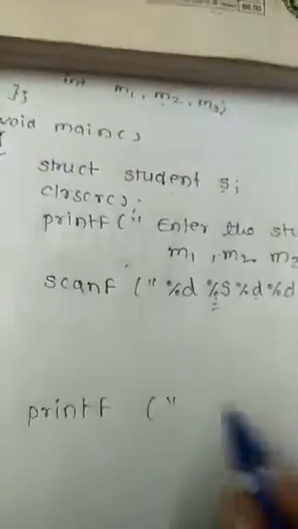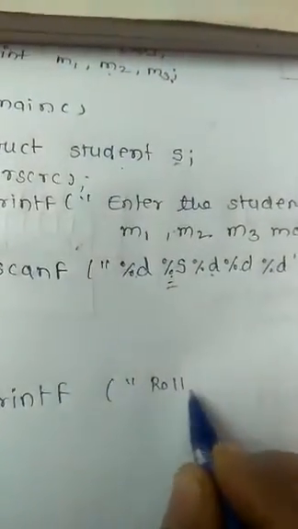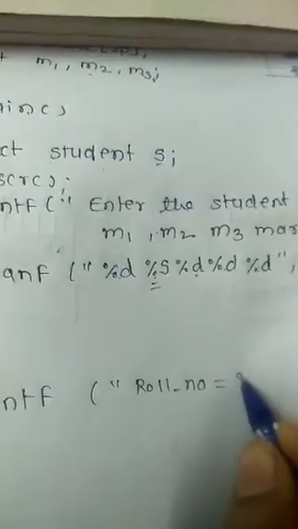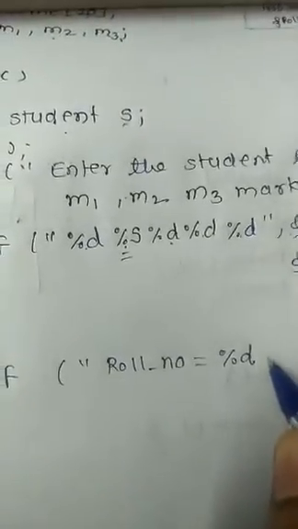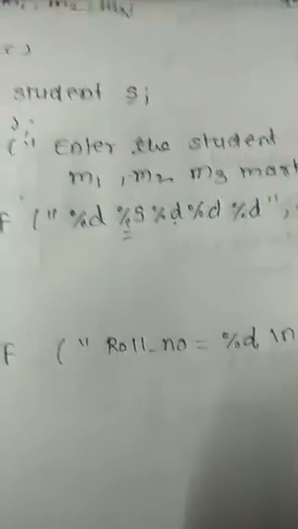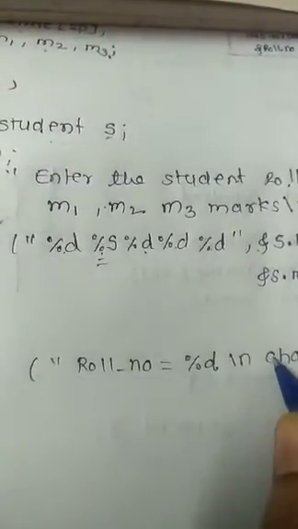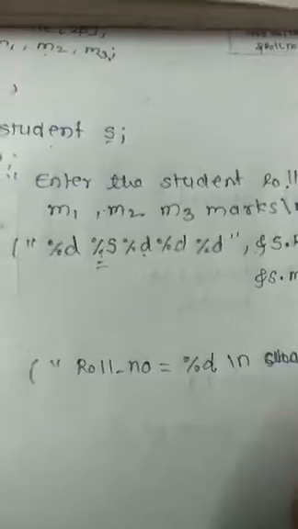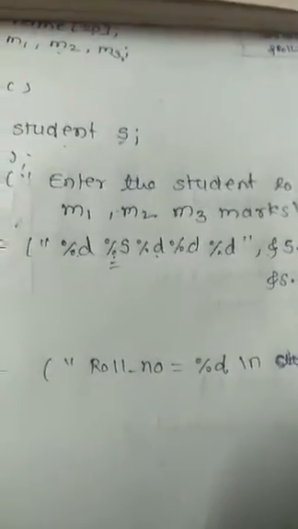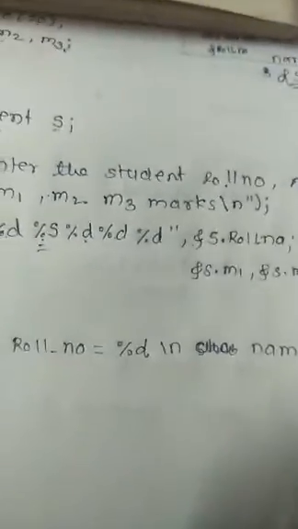So inside this printf you print all the data stored in the memory. So roll number is equal to, my roll number is in the format of %d \n. You want the data in the format of roll number, then name. Student name is, in the format specifier %s \n.